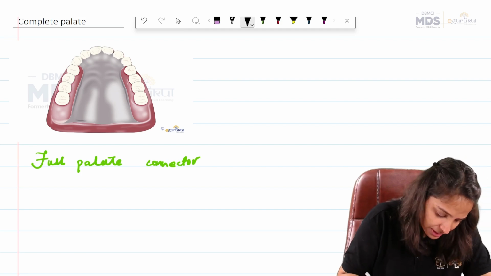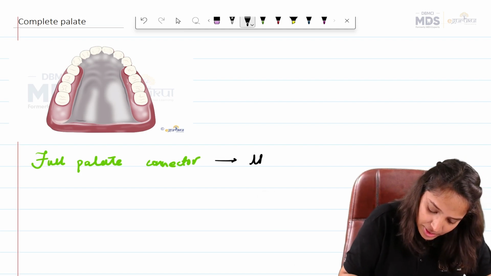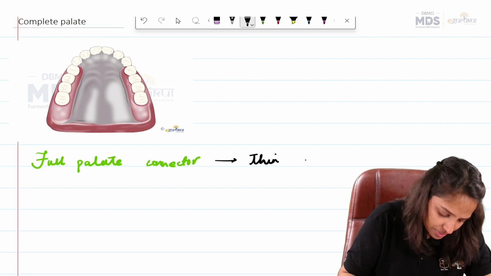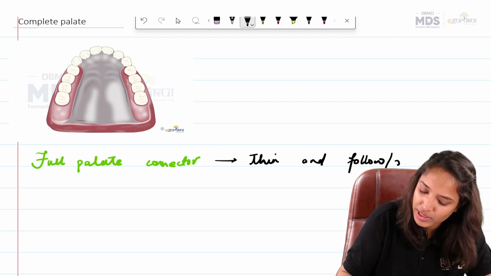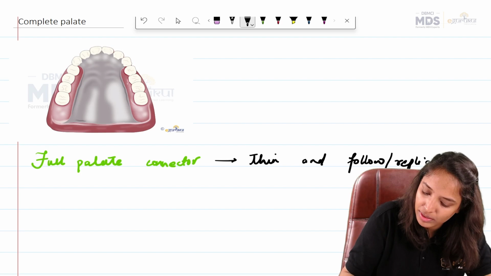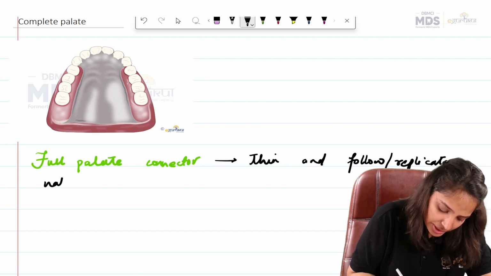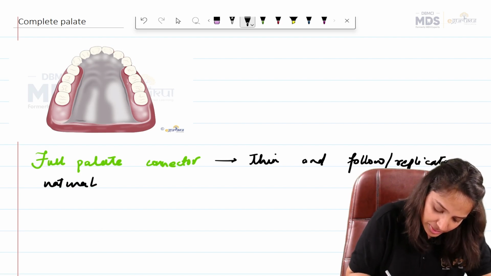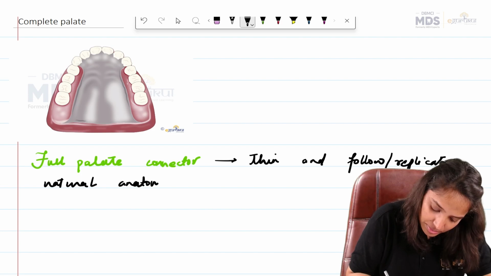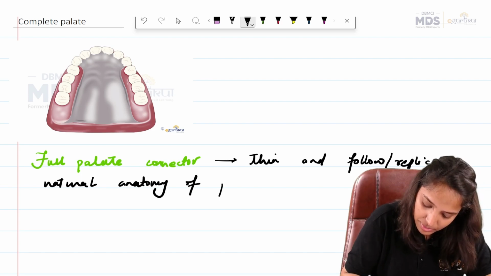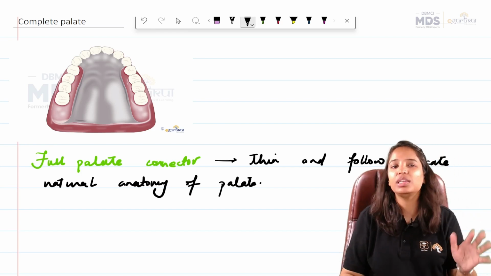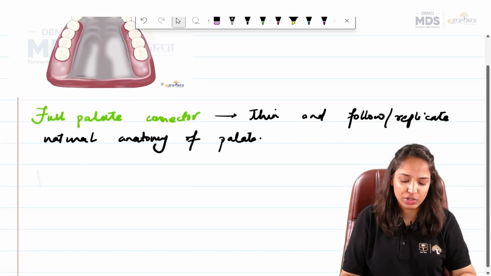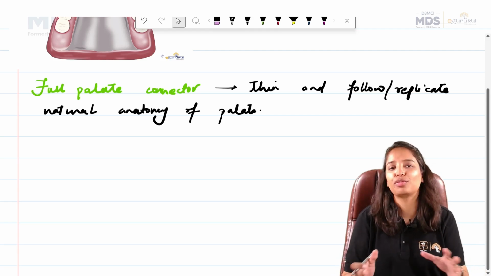And a full palate connector would be thin and follow, or I would say replicate, the natural anatomy of the palate.